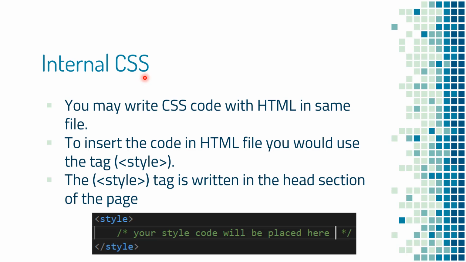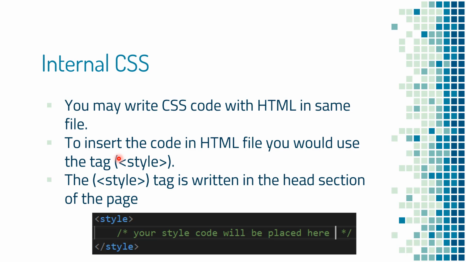So if you want to use internal or embedded CSS, you write CSS code within the HTML file, in the same file. To insert your style or CSS code in an HTML file, you usually use the style tag.